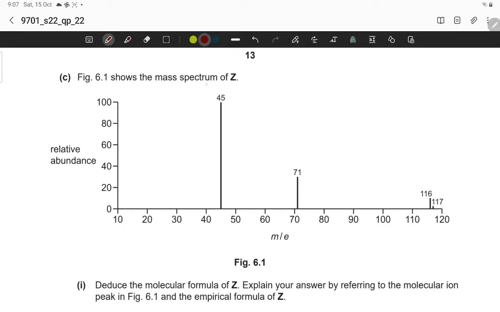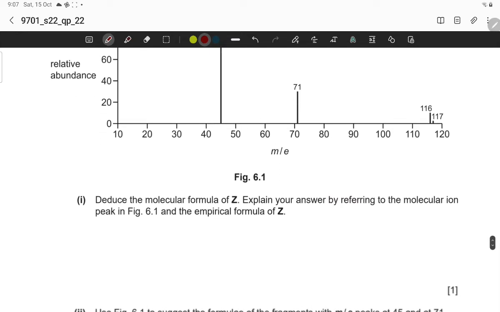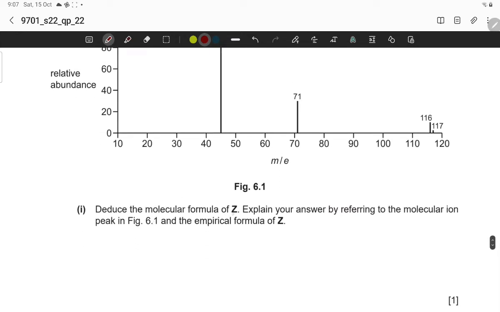Figure 6.1 shows the mass spectrum of Z and the relative abundance is 45, 71, 116. Deduce the molecular formula of Z. Explain your answer by referring to the molecular ion peak in the figure. Empirical formula mass is 29, Mr is 116.